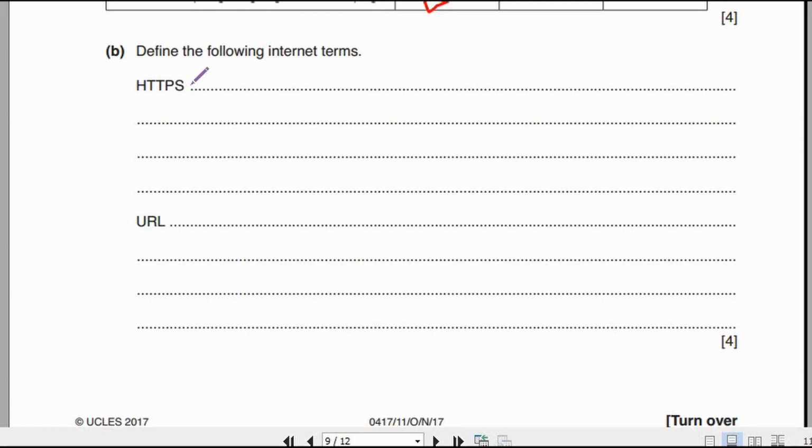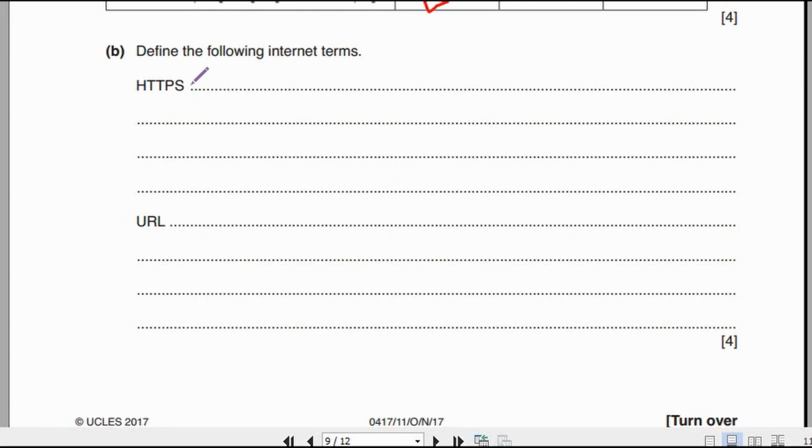And then you have to explain that it's a secure version of HTTP. This will give you the 2 marks, but you can write more. All data through this protocol is being encrypted. It creates a secure channel between your client and server, so it's also a secure protocol. So even if the question is of 4 marks only on HTTPS, if you put these 4 points you will get 4 marks, or 2 of it will give you 2 marks.